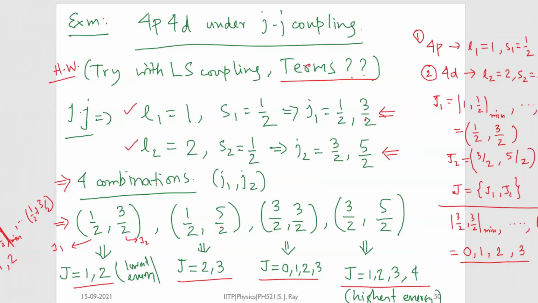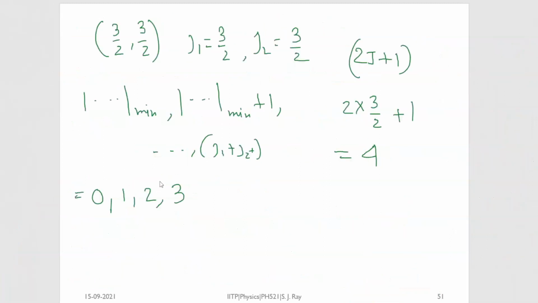Now we'll see how we get there. This is what I have explained already, how we are arriving at this. But keep in mind, whenever we get a final large value of J, it is associated with a multiplicity of 2J plus 1.